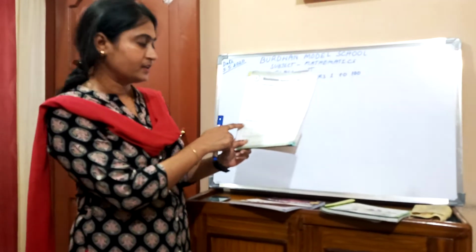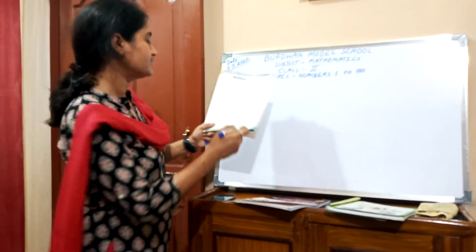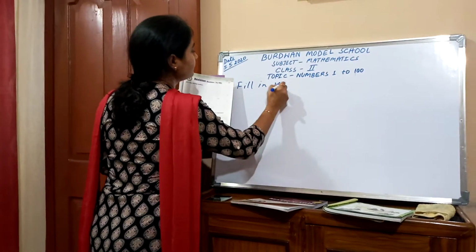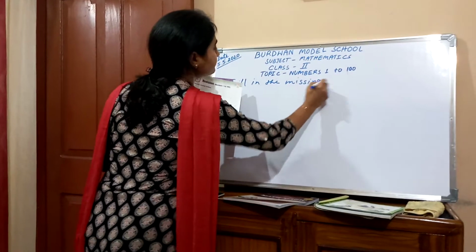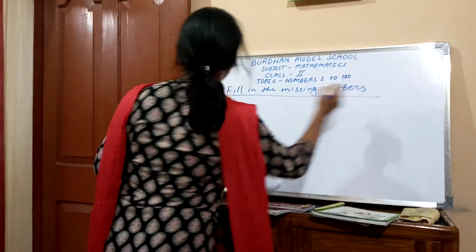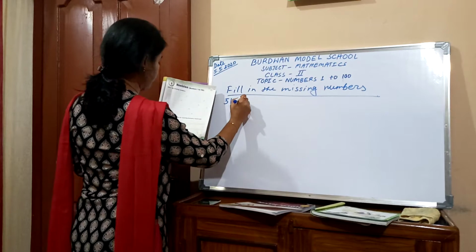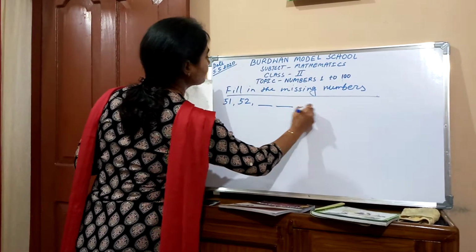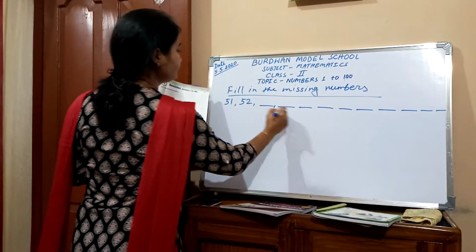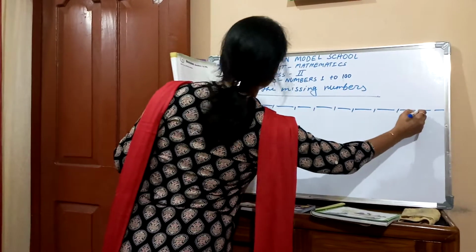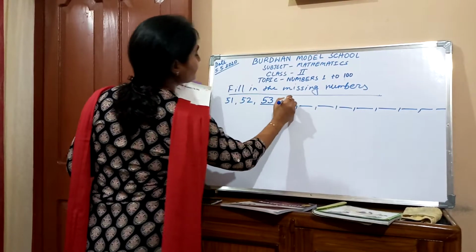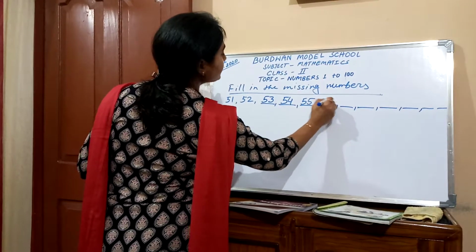Do the next one. Please fill in the missing numbers by counting forward or backward. Fifty-one, 52, 53, 54, 55, 56, 57.